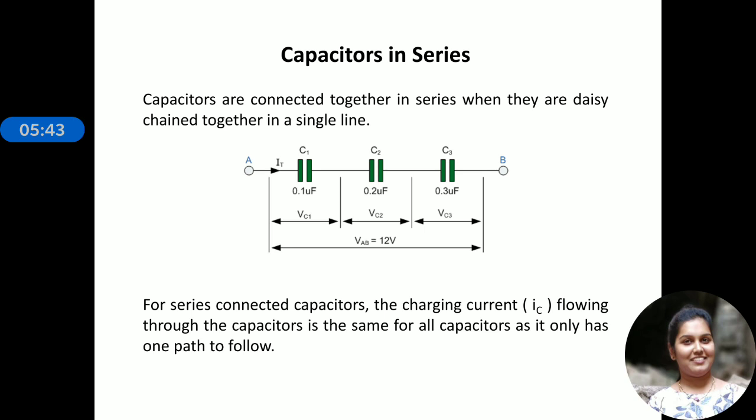This is because the charge stored by a plate of any one capacitor must have come from the plate of its adjacent capacitor. Therefore capacitors connected together in series must have the same charge. So two points are very clear: first, the current is the same, and as the current is the same, the charge is also the same.